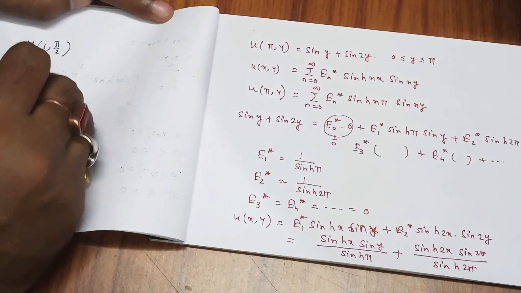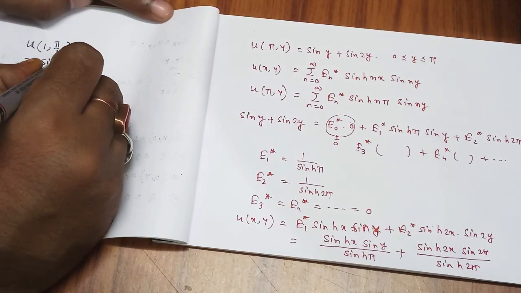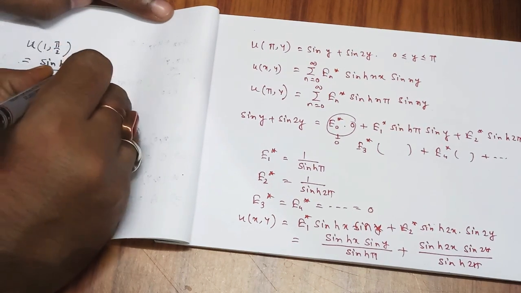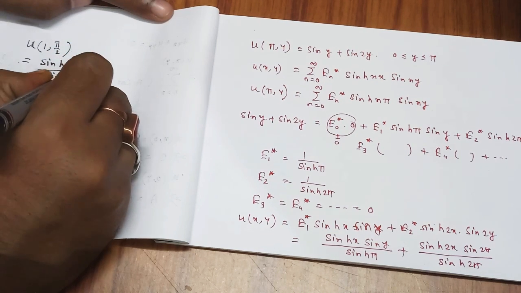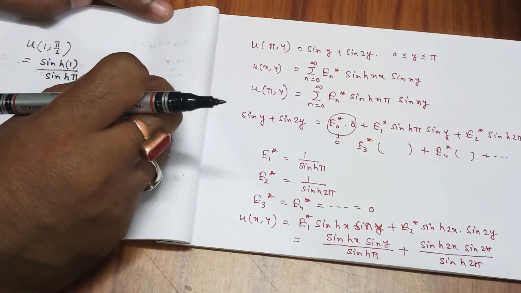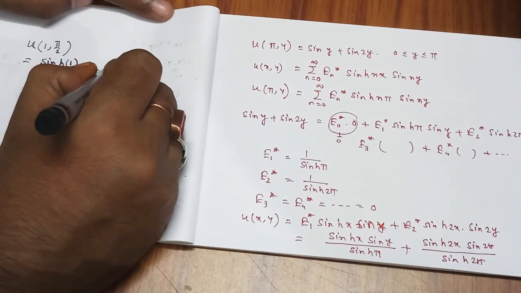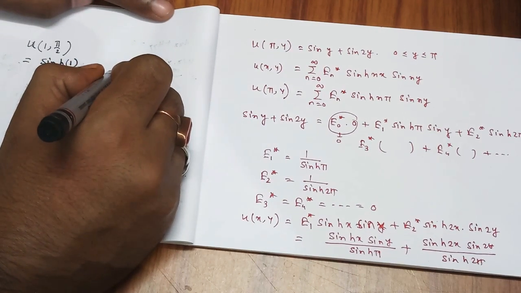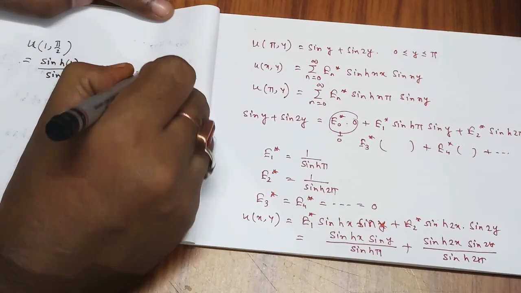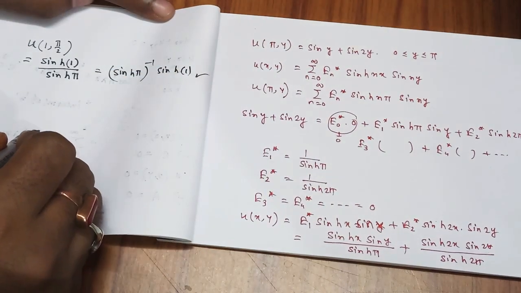Just plug in here and you will get sinh(1) into sin(pi/2), which is 1, divided by sinh(pi), and the remaining term will give you 0. Just do the calculation, and in fact you are getting your first option, sinh(pi) whole inverse into sinh(1). This is your first option.